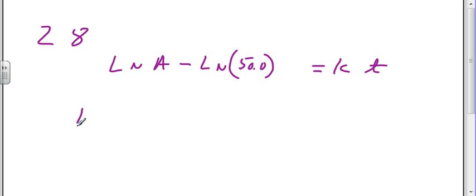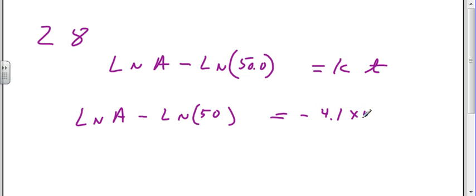So natural log of a minus the natural log of 50 is equal to minus 4.1 times 10 to the minus 4 t. Okay, I got that. Find the amount remaining after 25 years.